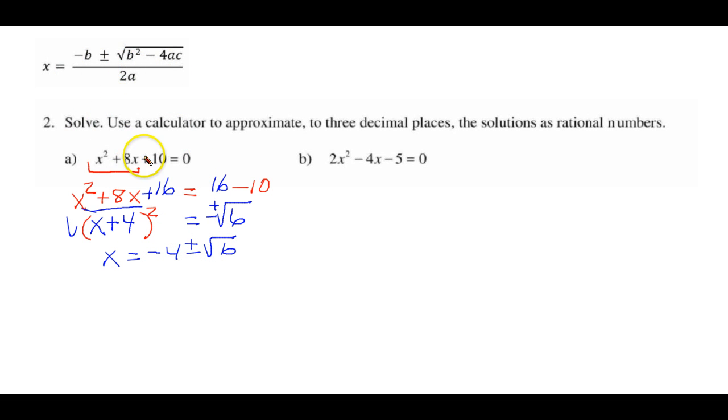But here it lends itself, I think this is much easier, by completing the square. So you would take these values, put it into your calculator, and you're going to approximate to 3 decimal places. And for this one, the answers are written down below, but we can put them here as well.